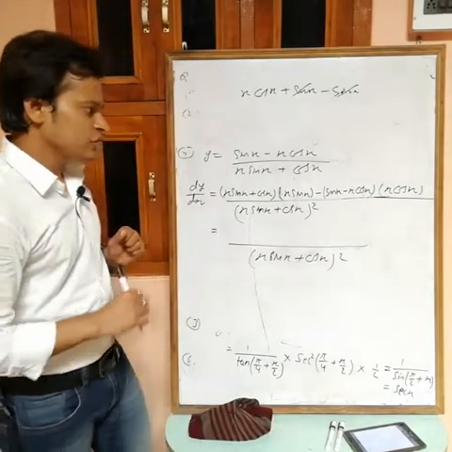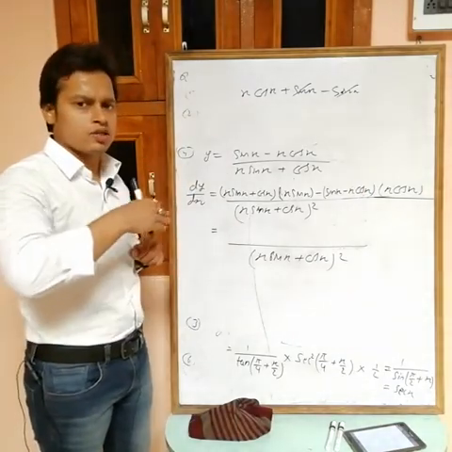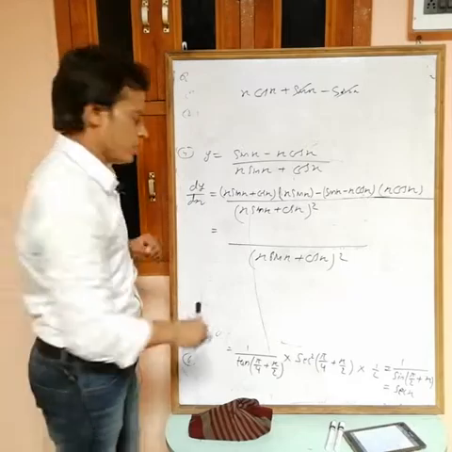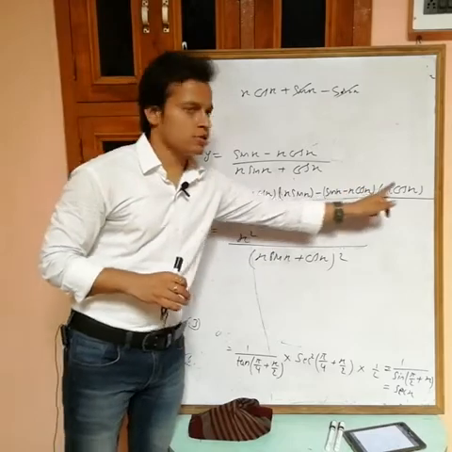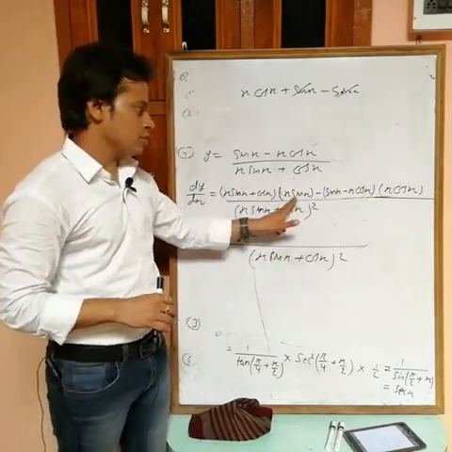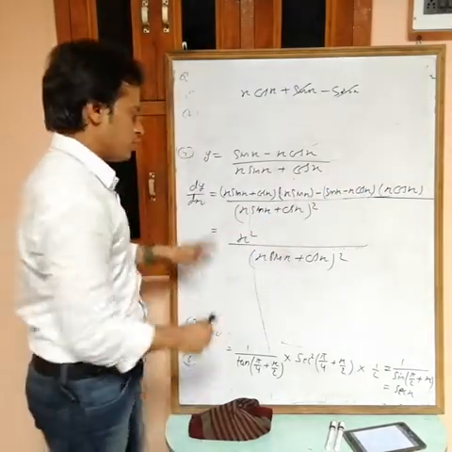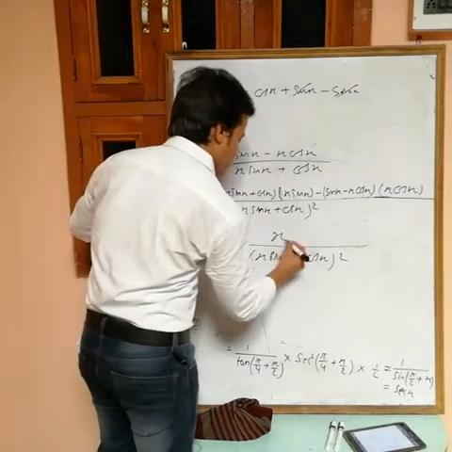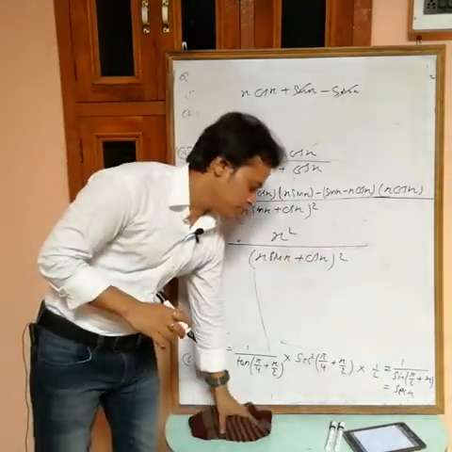So x square sine square x plus x square cos square x, take x square common, then sine square plus cos square is 1. So the first thing is x square, this is over and this one is also over. Then x sine x cos x and x sine x cos x with the minus sign cancel out, so only x square remains. So this is the value of dy by dx. Fourth one is done. Okay, write down.